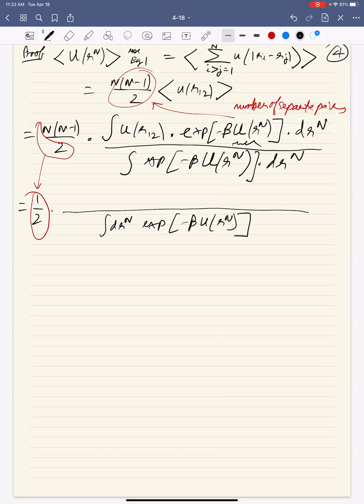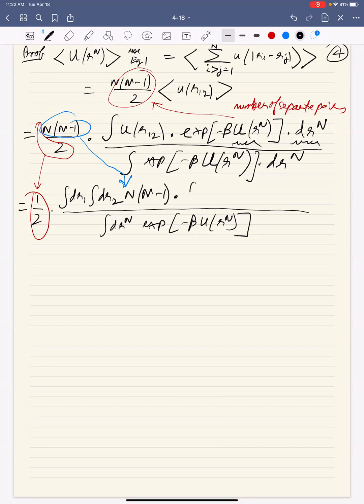The numerator, I'm going to split this one. So what is the meaning of dr capital N? That is dr1, dr2, dr3, dr4, right? So I'm going to write down dr1 and dr2 in the very beginning. And this n minus 1 that I had, I'm going to bring it over here. It will become clear in a moment why I'm doing all this. So n multiplied by n minus 1 comes over here.